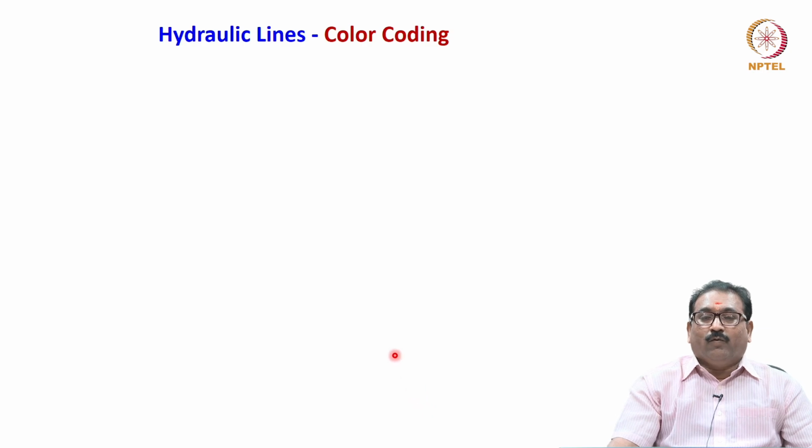Also, whenever there are so many hydraulic lines, to overcome the difficulties for the maintenance people, and also in the aircraft, they use color coding for the lines. How is it?